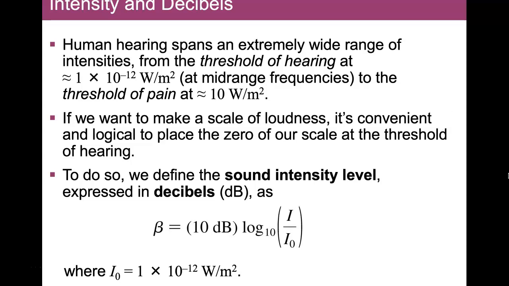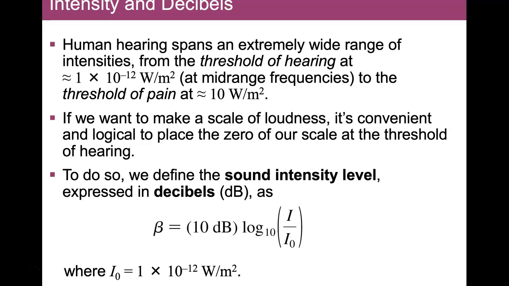So therefore, we define this unit like this. So we say if you have a sound of a certain intensity I, we divide that by 1 times 10 to the minus 12 watts per meter squared. So the units of power are joules per second, that's watts, and divided by surface area, that's meters squared.